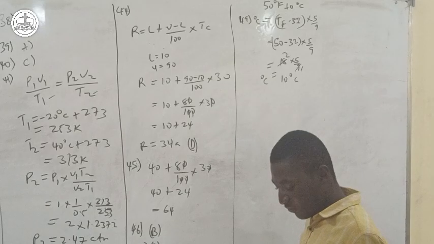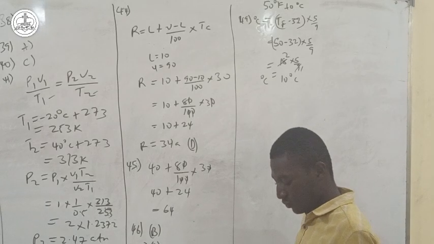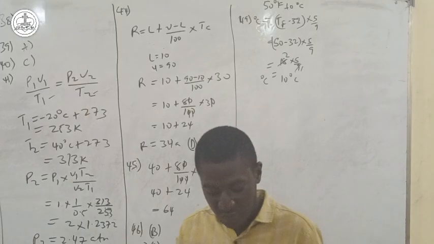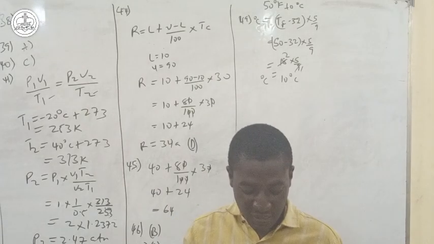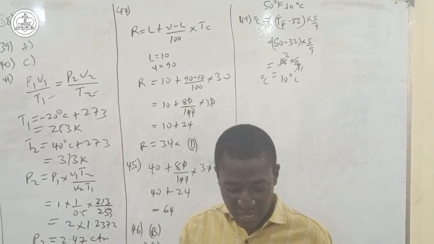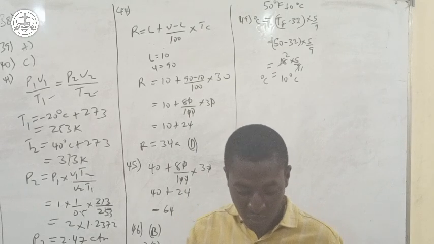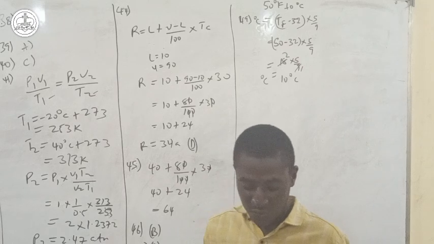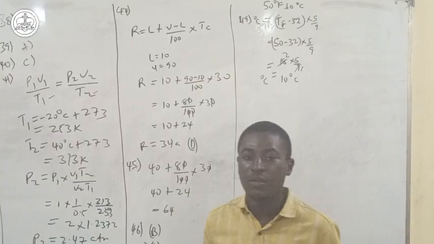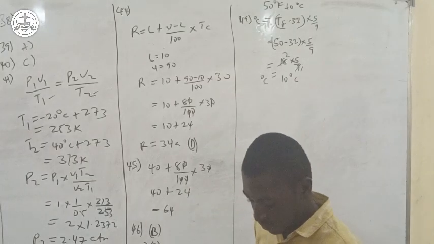D. Glass vessel expands first before water starts a more rapid expansion. The answer is D. Why? Because the glass vessel expands first before the water starts a more rapid expansion. The glass expands slightly on heating, lowering the water level initially. As water heats more, it expands faster and then rises.